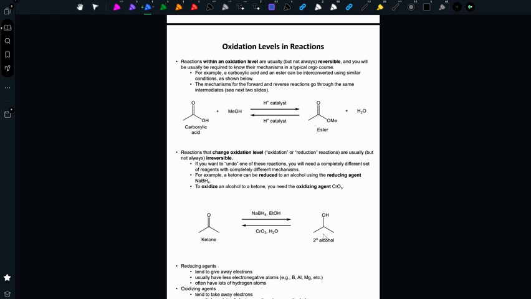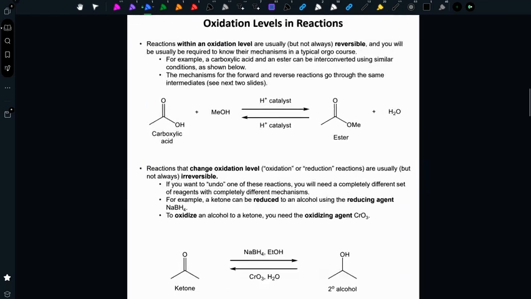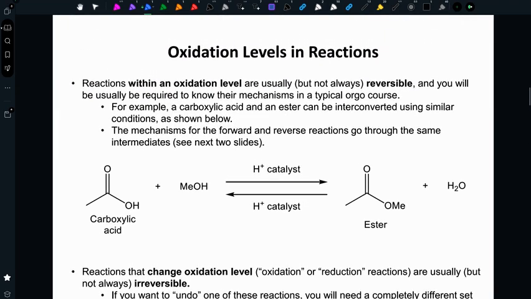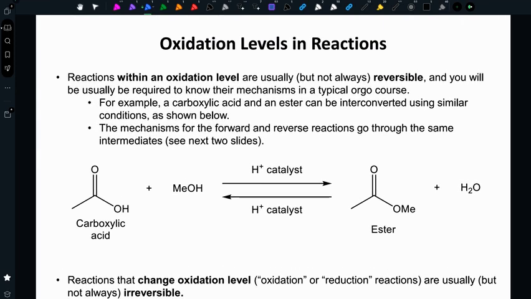So let's talk about oxidation and reduction reactions. Generally, we'll see a lot of reactions that are not oxidation or reduction. So reactions that stay within the same oxidation level. So here's an example. I start with a carboxylic acid.